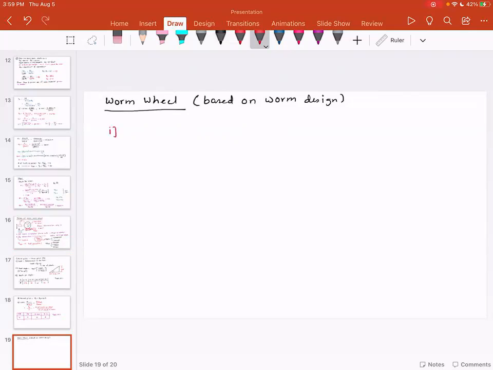So for worm wheel, you could have normal pressure angle, that could be 14.5 or 20 degrees. Then you could have outside diameter, that could be nominal diameter plus usually PC.